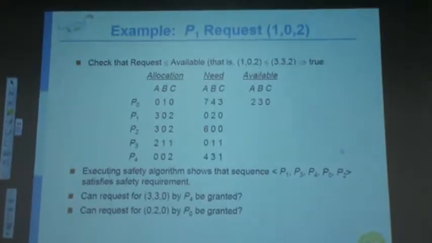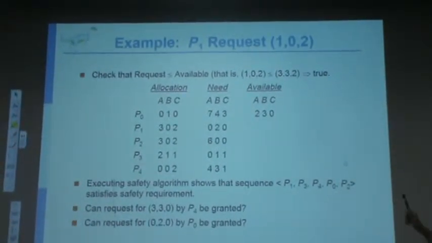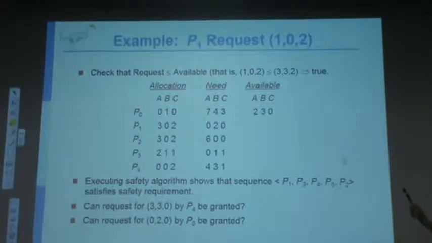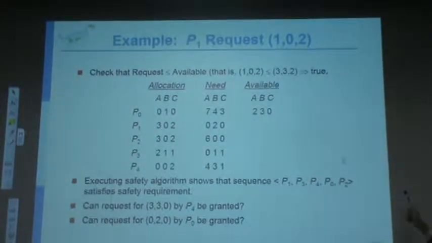P1 needs 0, 2, 0. So that is less than 2, 3, 0, right? So P1 can be terminated. After P1 is terminated, return all the allocated resources to the available. Then eventually you can find such a process sequence. It may be different, it may vary. You can find a different sequence. As long as you can find it, it will be completed.